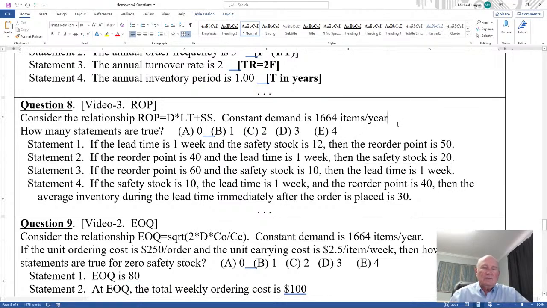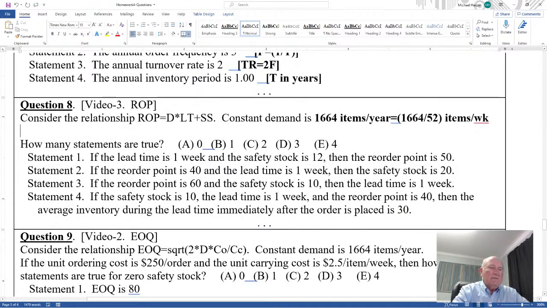So I'm going to be transforming this to a weekly: 1664 divided by 52, and that's going to be items per week. So I'll be using this demand right there. Okay, and using that demand down here, I have ROP equals demand times lead time plus safety stock.